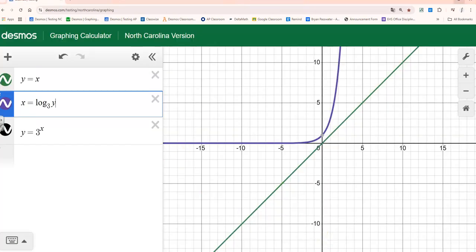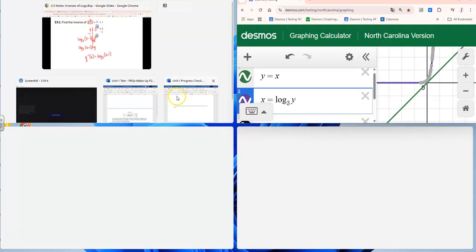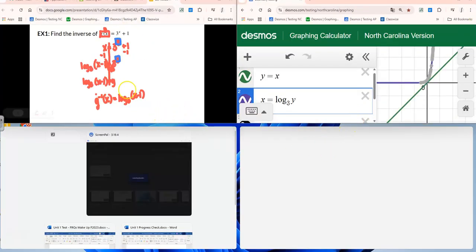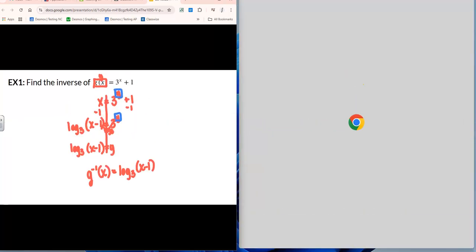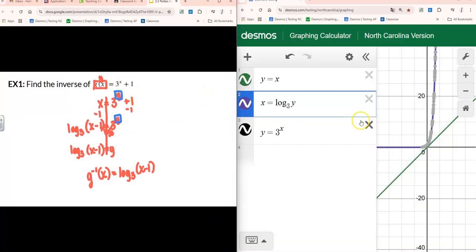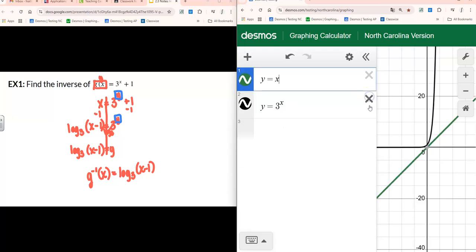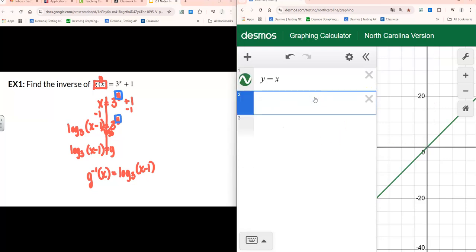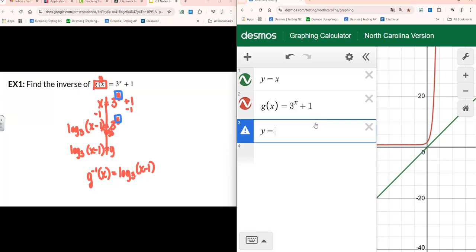And if we want to check that, using Desmos here, we could just type in the original, g of x equals 3 to the x plus 1, and I'm just going to do y equals log base 3 of x minus 1.